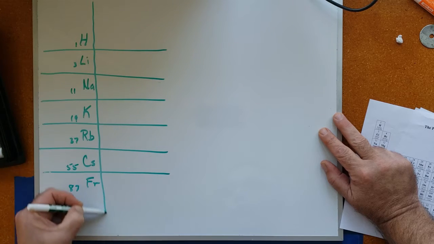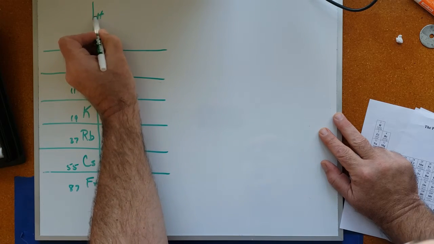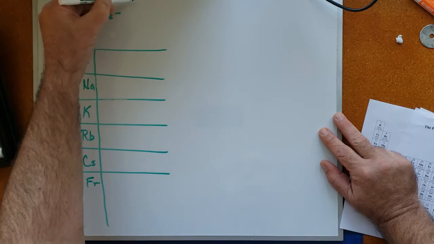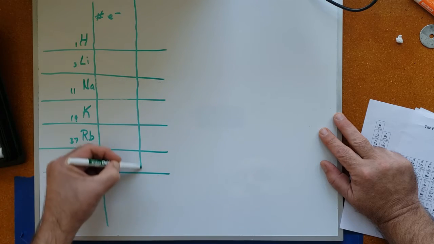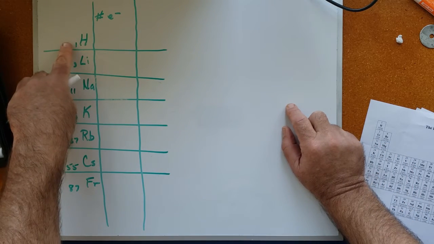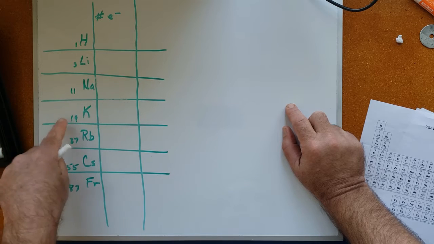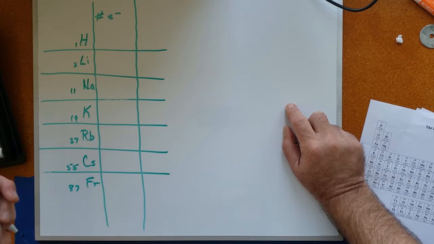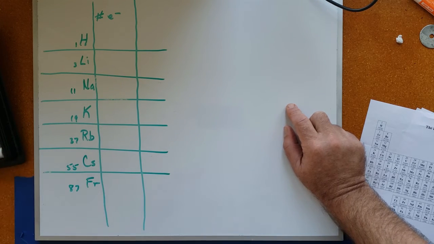So we could categorize it this way. How many electrons do each of these have? Well, the atomic number, which is written down here in the bottom left of the symbol, is the number of protons. The number of electrons will be equal to that as long as we're dealing with neutral atoms.